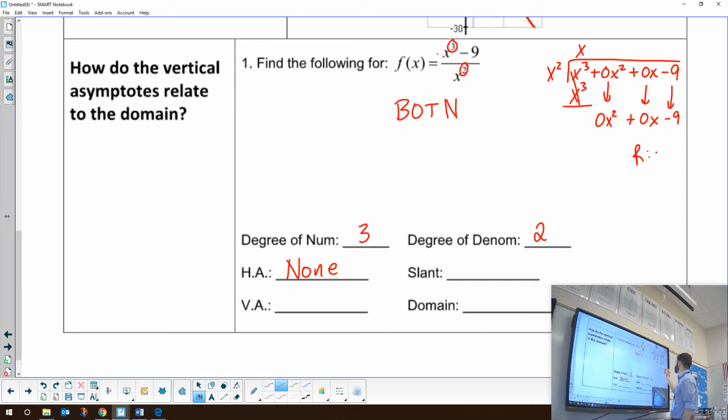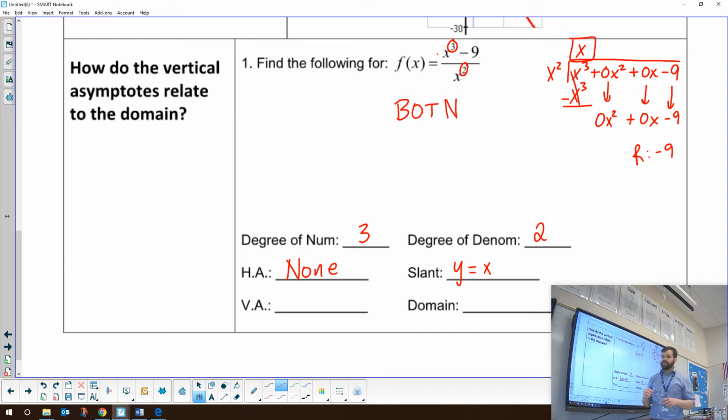I would have a remainder of negative 9, but we don't care about the remainder for this problem. We only care about the number that turns up here. So we're going to have a slant asymptote of y equals x.